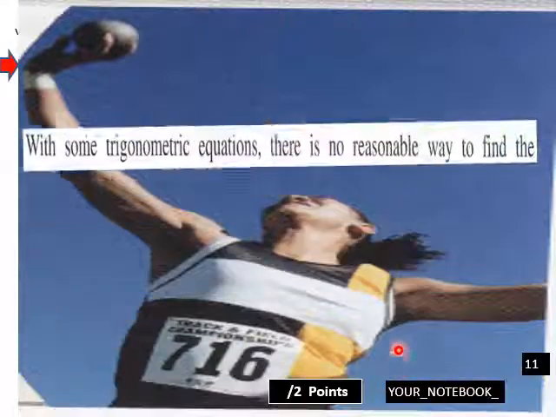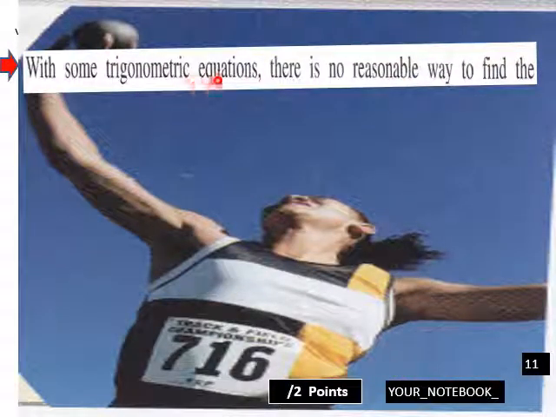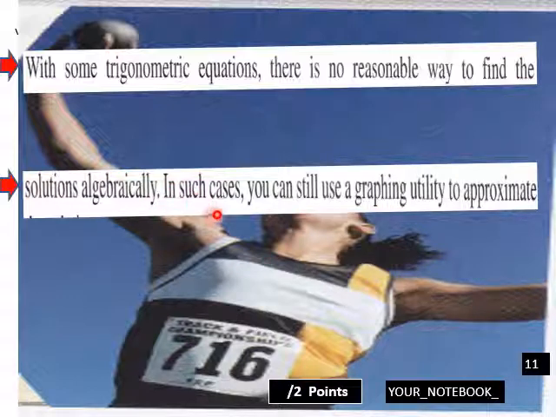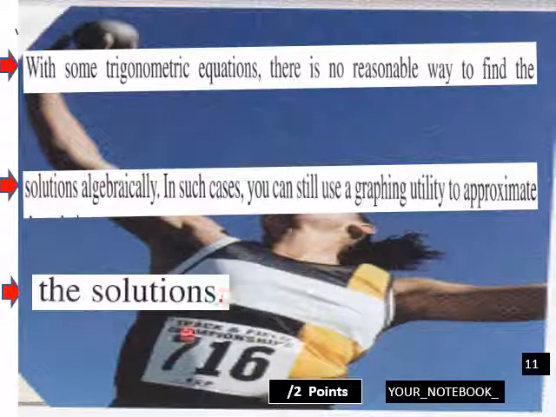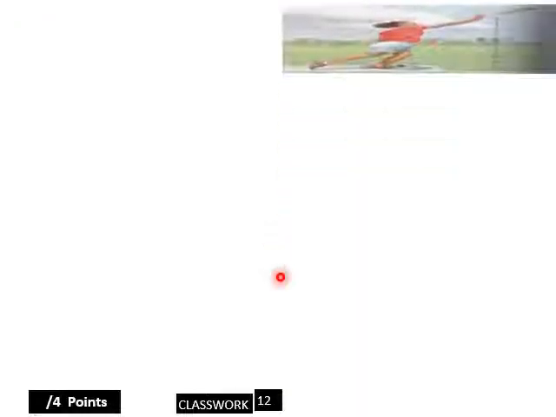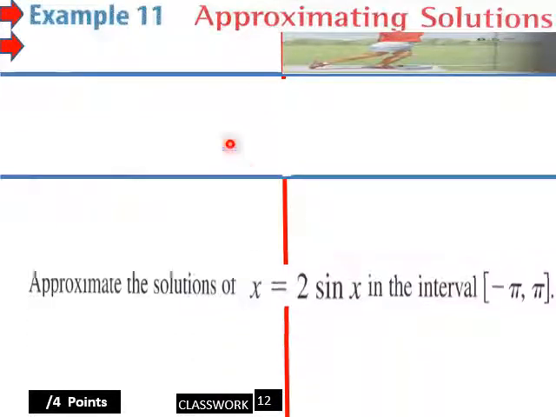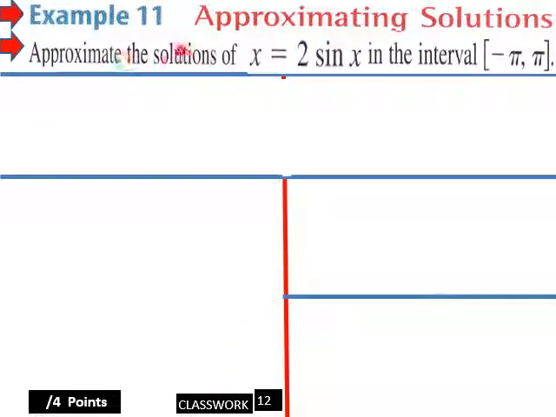With some trigonometric equations, there is no reasonable way to find the solutions algebraically. In such cases, you can still use a graphing calculator to approximate solutions. So graphing calculators are really important in approximating solutions here.